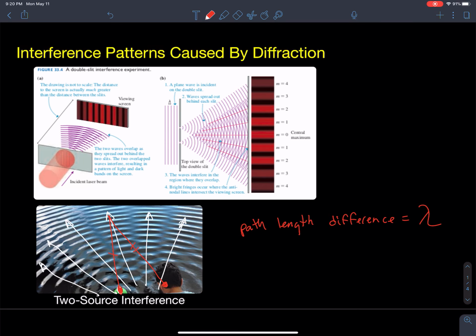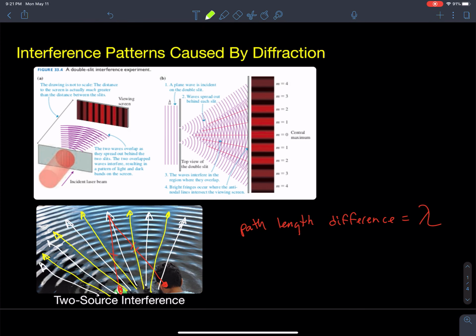But for destructive interference, which you can also see over here, I'm going to color these in yellow. These are the dead zones that we were talking about in the two-source interference problems. Okay, so if you're standing there, you don't really see waves, and that's because, I'm going to change the color to green.